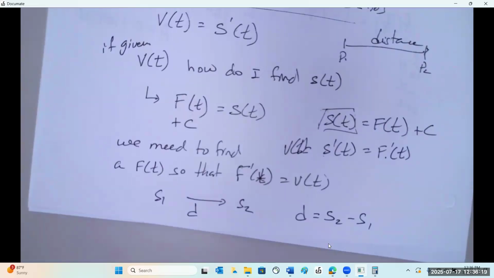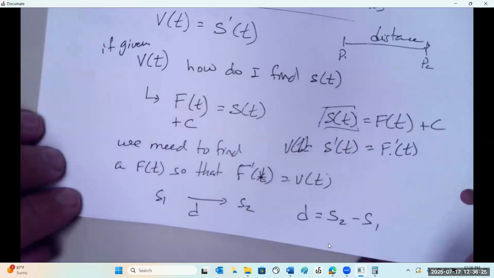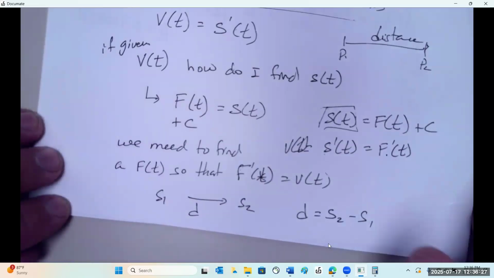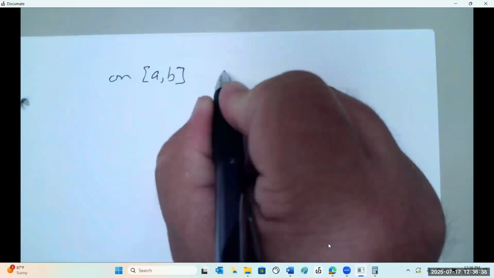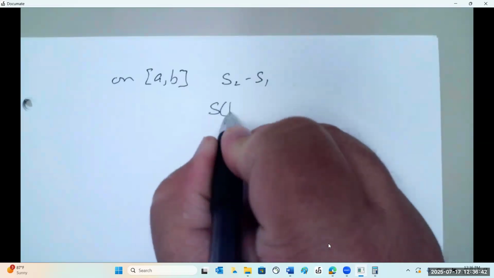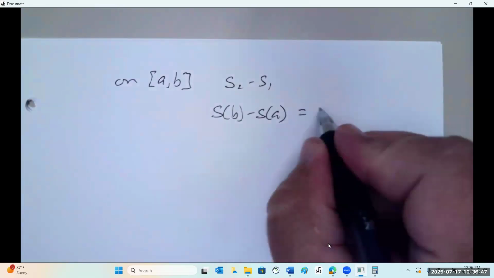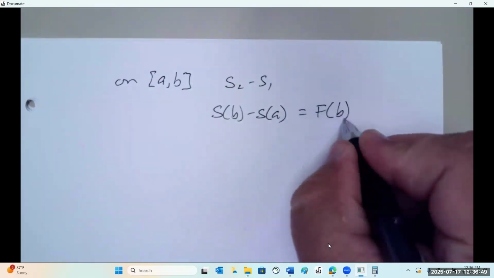Because the position functions, locations tell us that. So how do we represent S2 and S1? Well, they're relative to our intervals. On some interval AB, S2 minus S1 would be S of B minus S of A, which is the same thing of our function that we found.